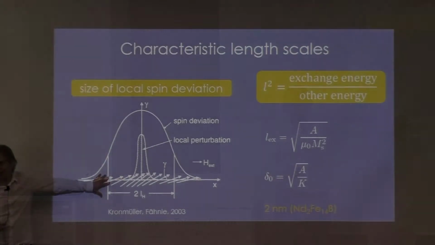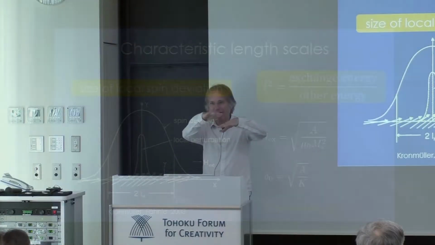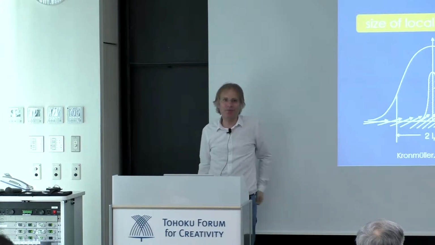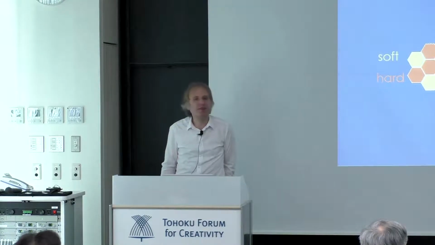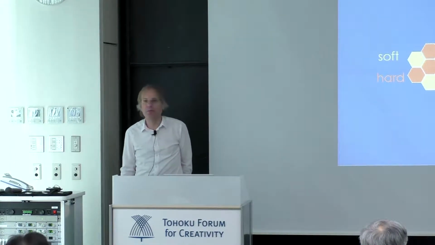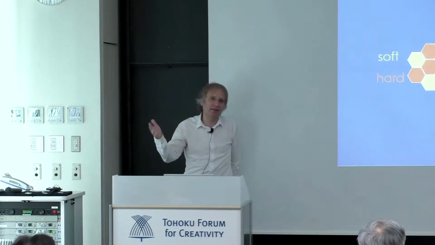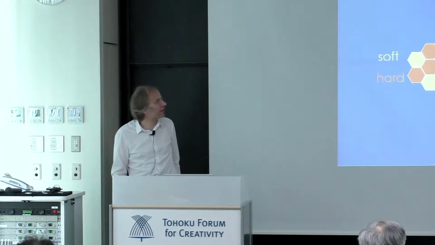Based on this idea that the exchange energy will smooth out what happens in a permanent magnet, there was the idea of the so-called exchange spring permanent magnets, in the late 80s, early 90s of the last century.